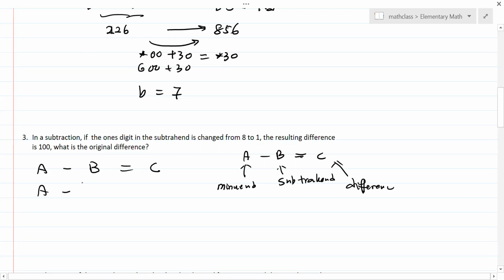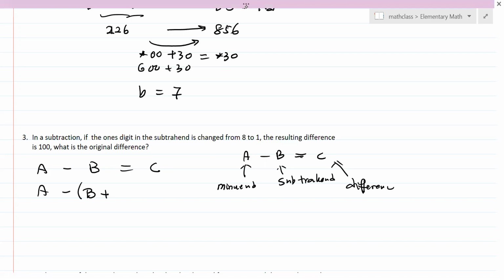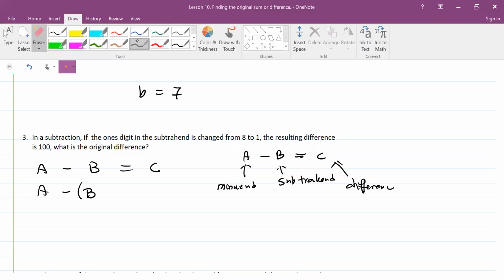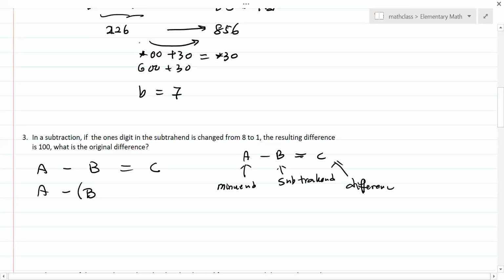When you change the first digit from 8 to 1 in the second number, that means you actually decreased the number by 7, because the units digit has changed from 8 to 1. So it's minus 7, and it equals 100. That's what you see.